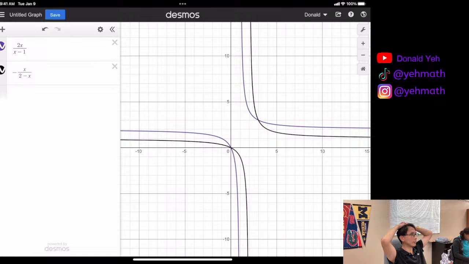Symmetric to what? The y-axis, the x-axis, what? Symmetric to what? Yes, Robert? y equals x. Good job.